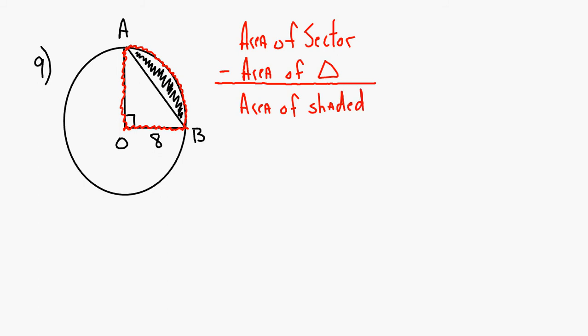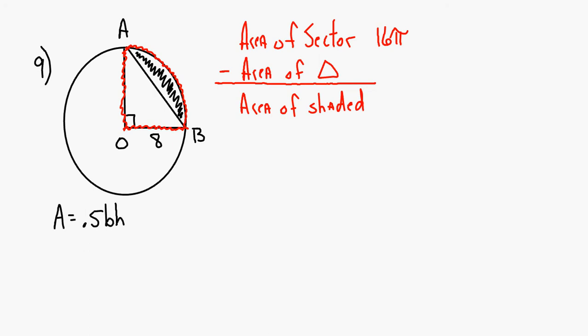All right? Let's see, you're told that the area of the sector is 16 pi, so they already give you this. So all you have to do in this problem is find the area of the triangle. Area of a triangle is equal to 0.5 times the base times the height.